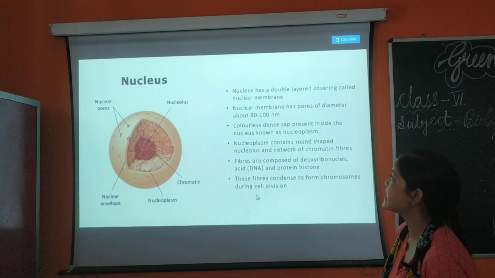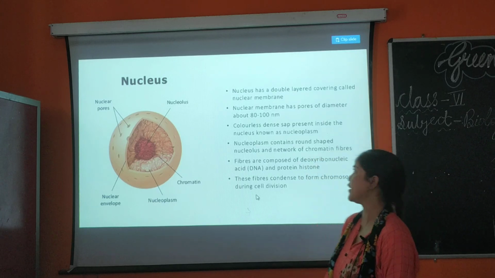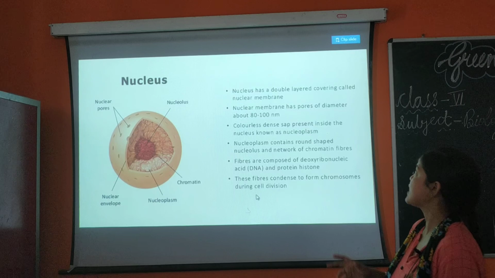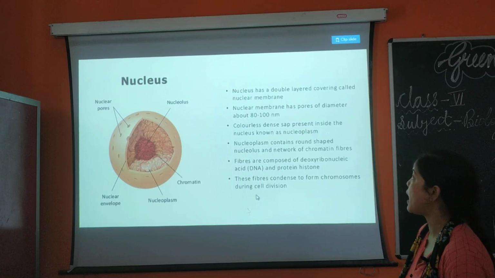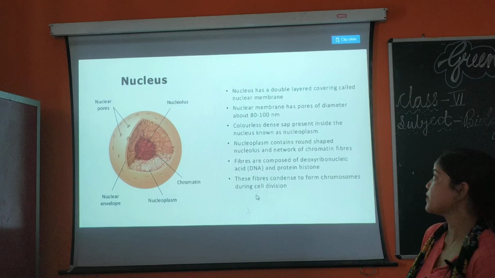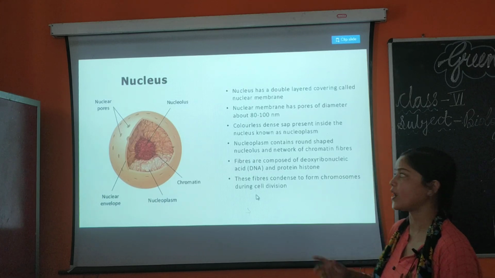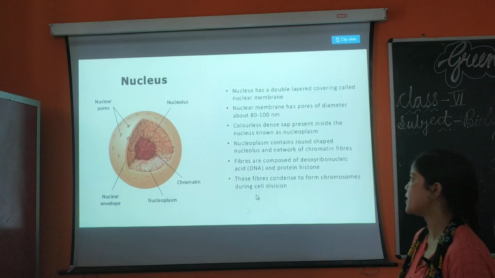Nucleus has a double layered covering that is called nuclear membrane. Nuclear membrane has pores of diameter about 80 to 100 nanometer. Colorless dense sap present inside the nucleus is known as nucleoplasm.